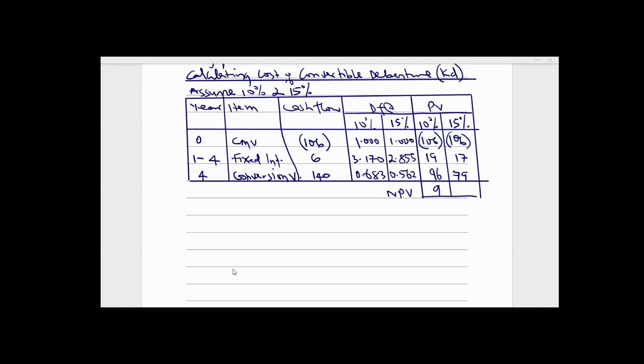Then 6 multiplied by 2.855 is 17, correct. So 79 plus 17, then minus 106, that's minus 10. So here is minus 10.